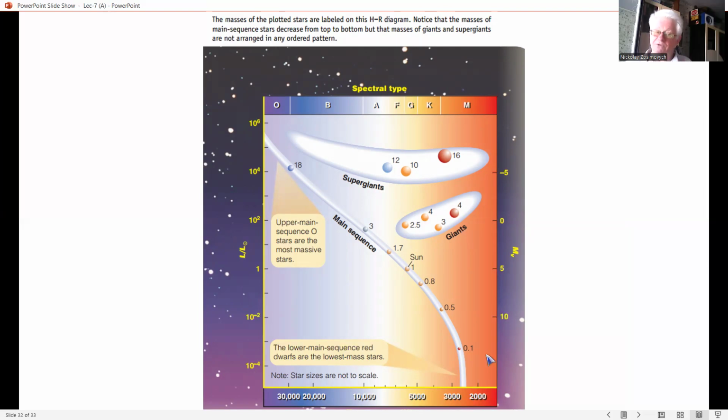The mass-luminosity relation says that the more massive a star is, the more luminous it is.